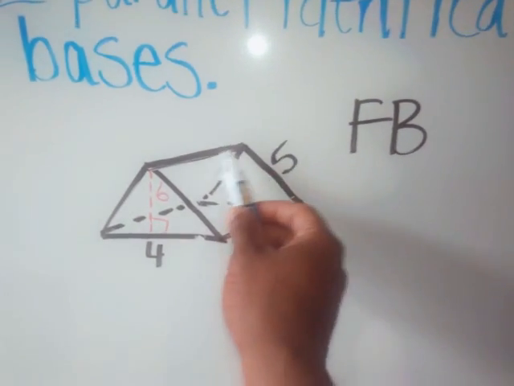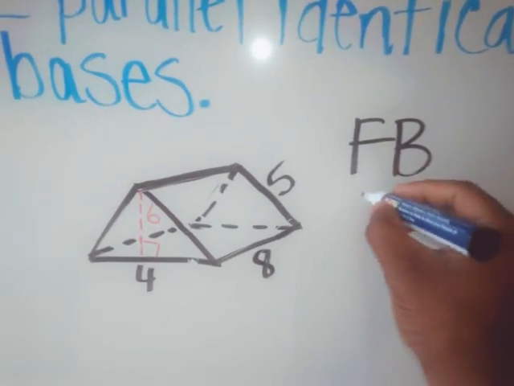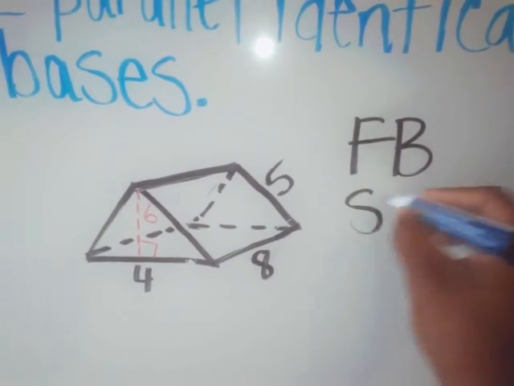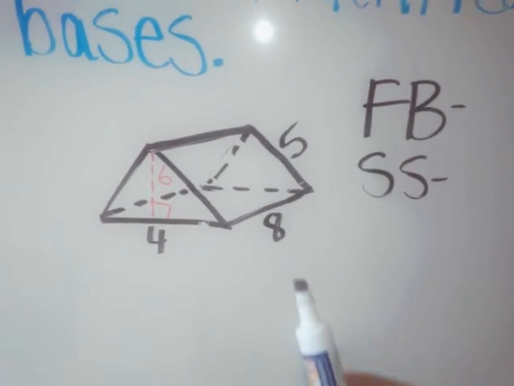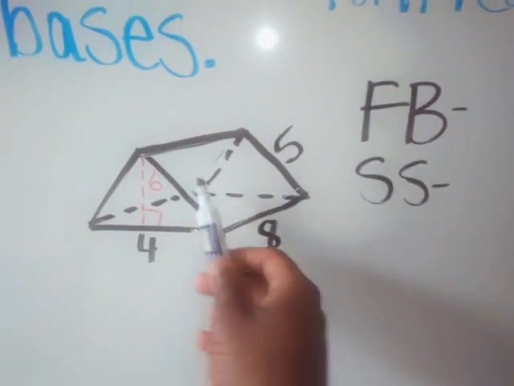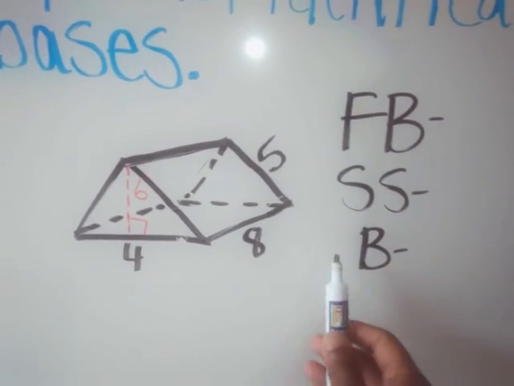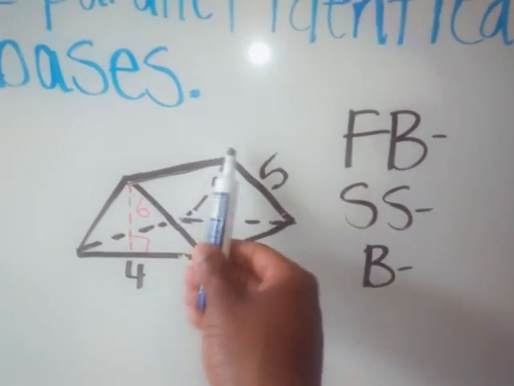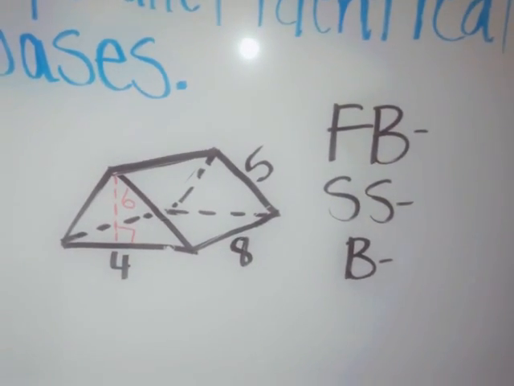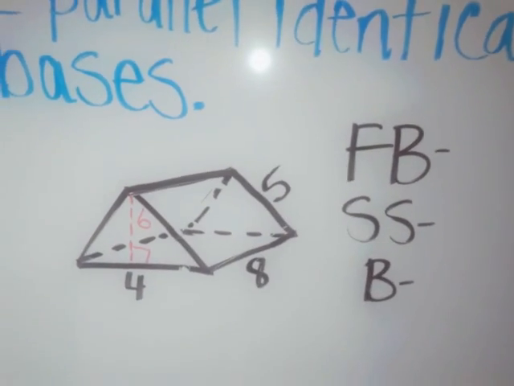Next we have a side and another side that will be the same, so SS. And last, we have one more face, which is our bottom. So we don't write TB because we don't have a top that is congruent with the bottom. So there's not a top for this figure. So you should have 5 faces here, 5 faces here, which we do.